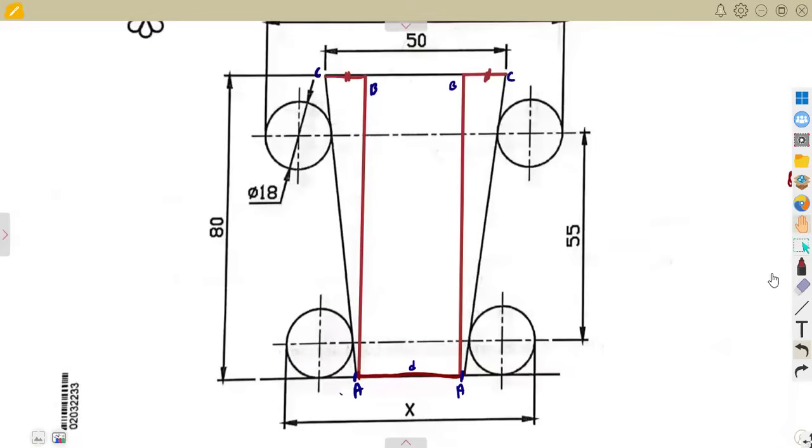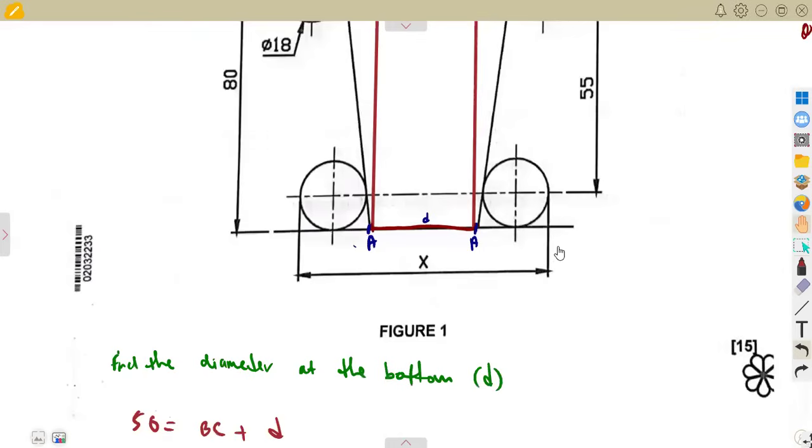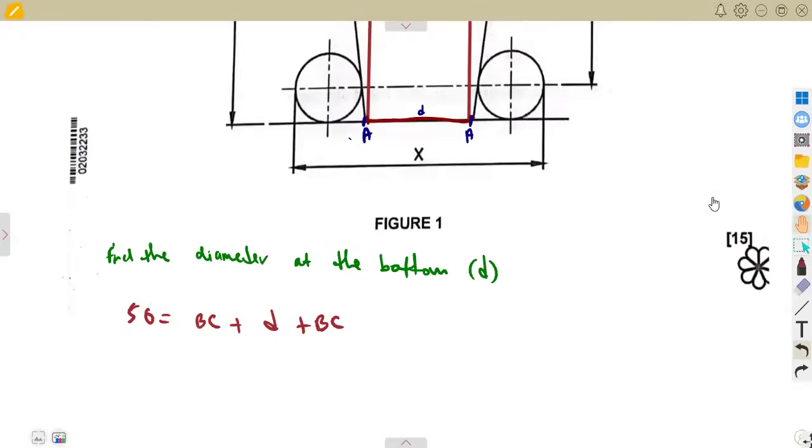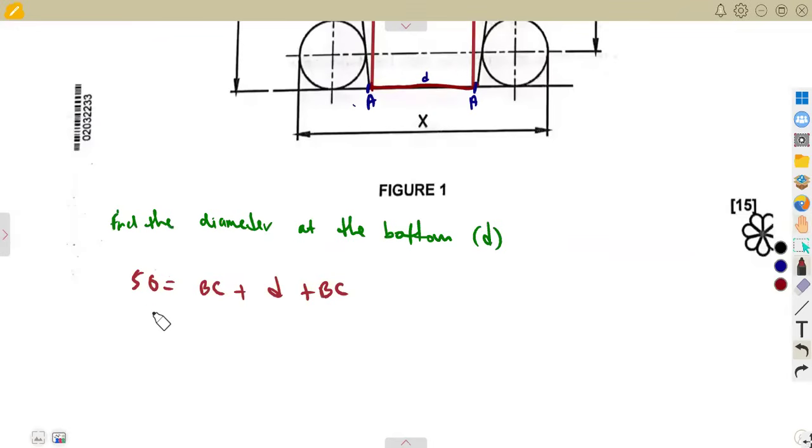You can name it R, you can name it whatever letter you want. Here I just want to use the same thing so that we do not have confusion. So here I have 50 is equal to BC plus BC, which is 2BC plus d. So that means to find d, I'm going to have 50 minus 2BC.